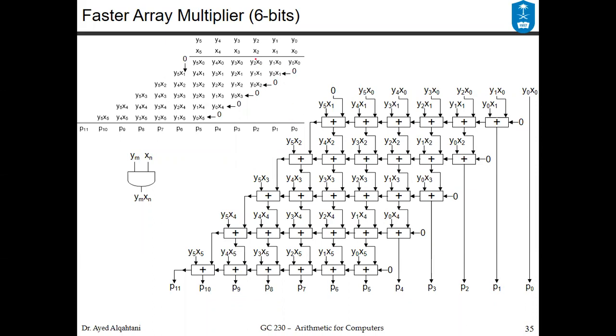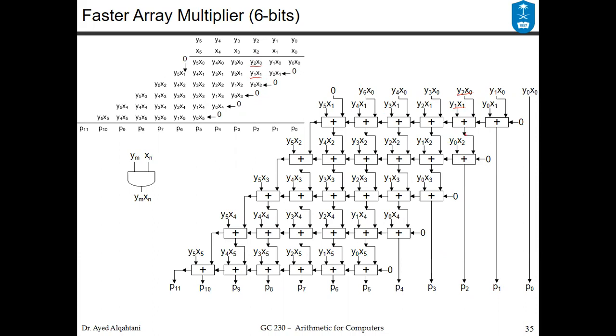For the next column, you need 3 bits. So you have those 3 bits, and you also have possible carries from the previous stage. So what happens? You see this one, you take those 2, you add them together. This being the x0, y2, and this one being the x1, y1.